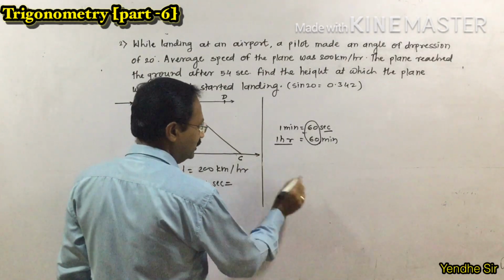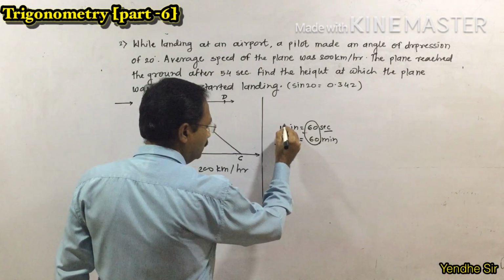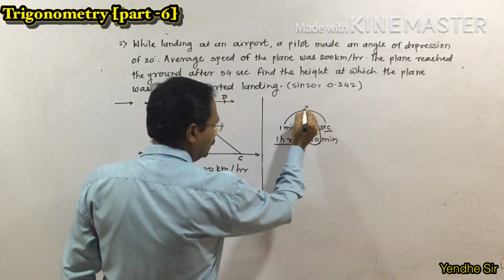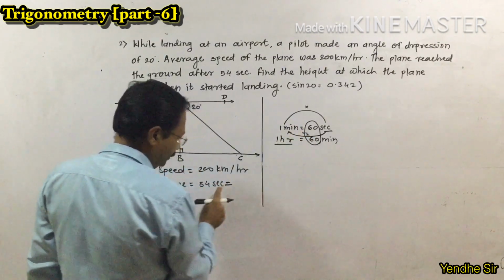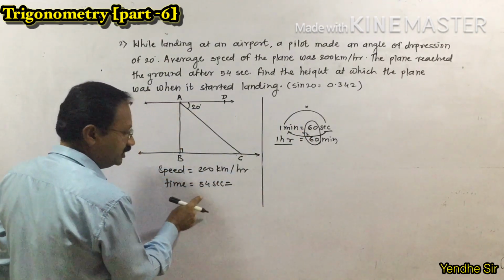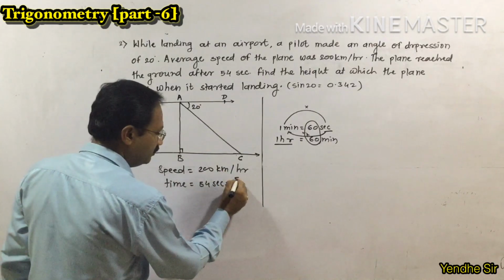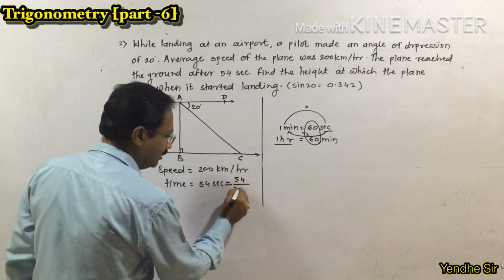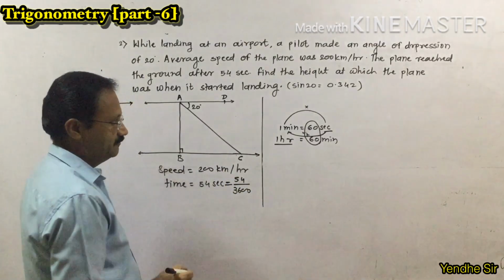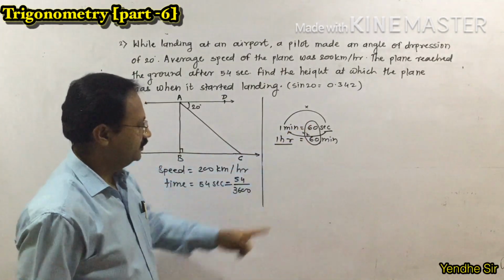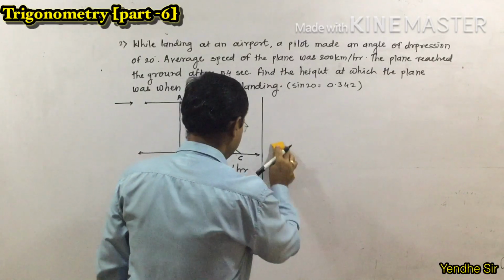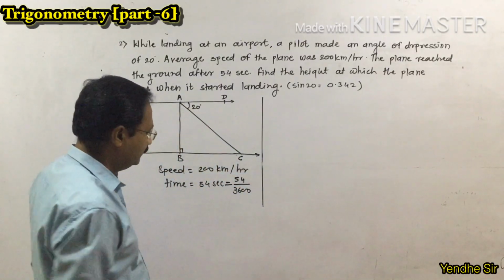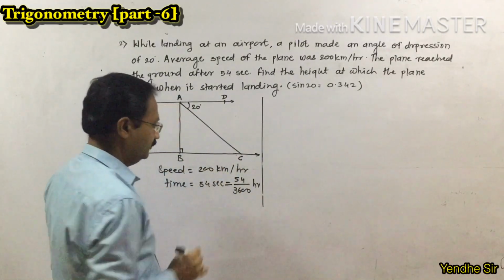Let me tell you one thing, if you want to convert minutes to seconds, you have to multiply. But seconds to minutes, you have to divide. So here I have to convert seconds into hours, so I have to divide by 3600. Because 60 into 60 is 3600. So now time is converted into hours.